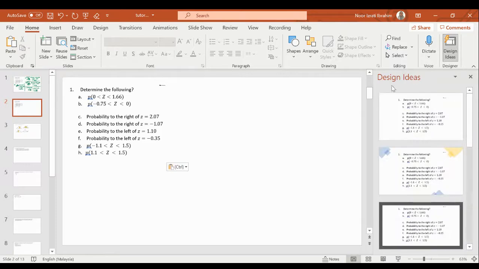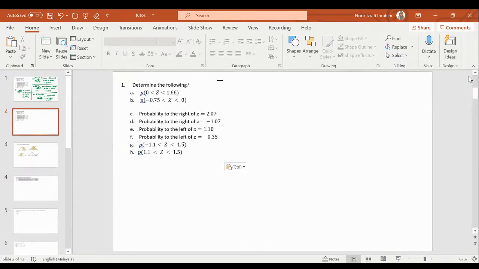Now move to the E and F and the rest. For the E, to find the probability to the left of Z equals 1.10. So to find probability to the left, Z is less than 1.10. When we shade the region, to the left of the Z means this side.